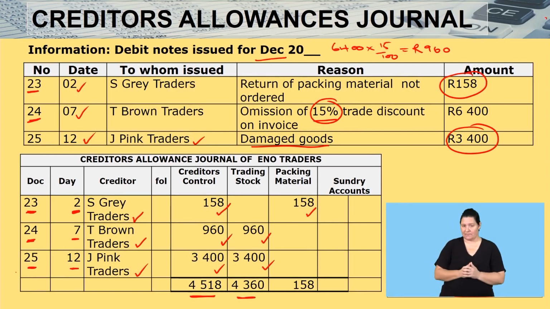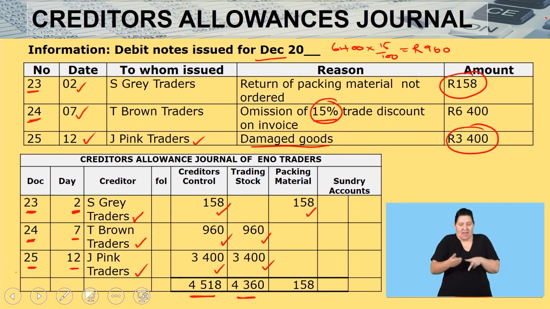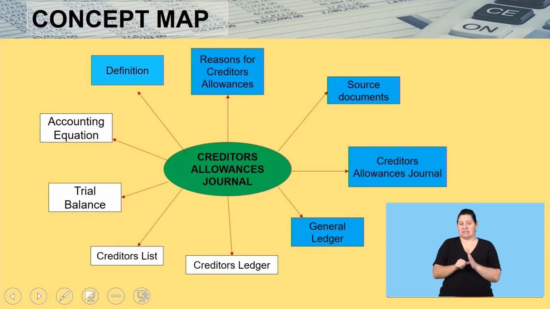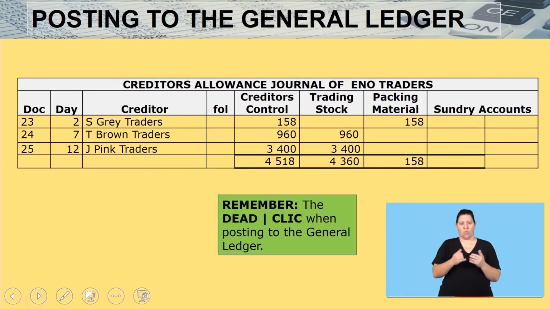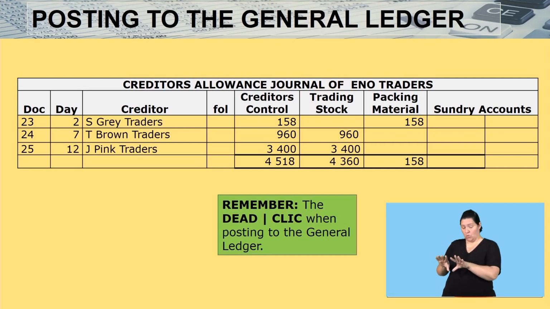All right. So after we've prepared our creditors' allowances journal, it is very important, dear learners, that you now know how to post to the general ledger. So here is our creditors' allowances journal, and we are now going to post it. But as we are posting, I want to emphasize this.